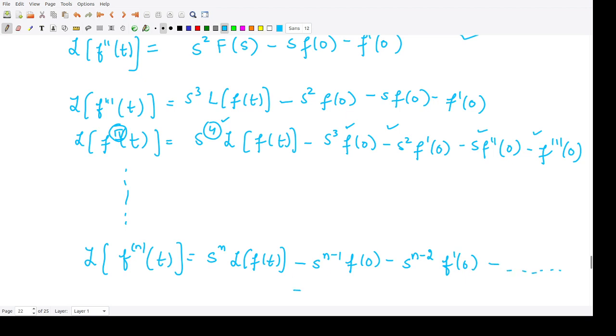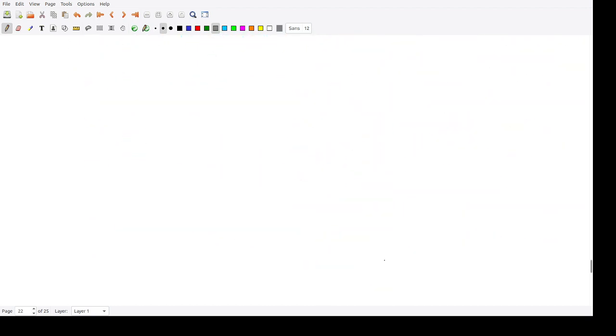The last term would be the n minus 1th derivative of f calculated at 0, because if you have the fourth power, this would lead to the last term as the third derivative of f calculated at 0, and the nth power would lead to the n minus 1th derivative calculated at the point 0, right? So this is the formula that you have.